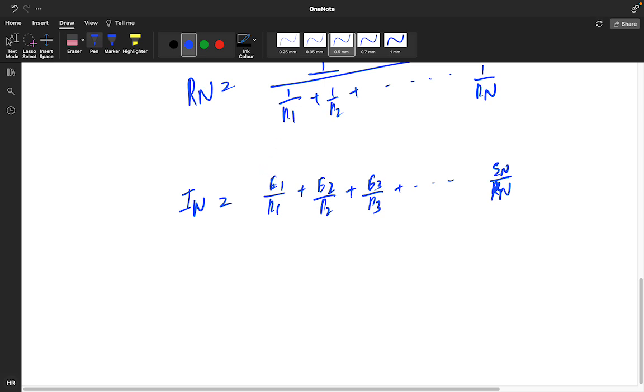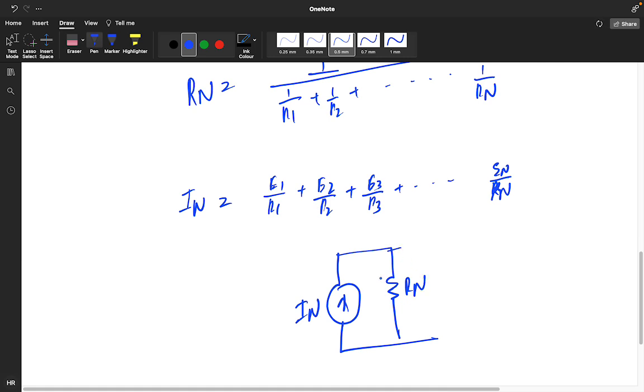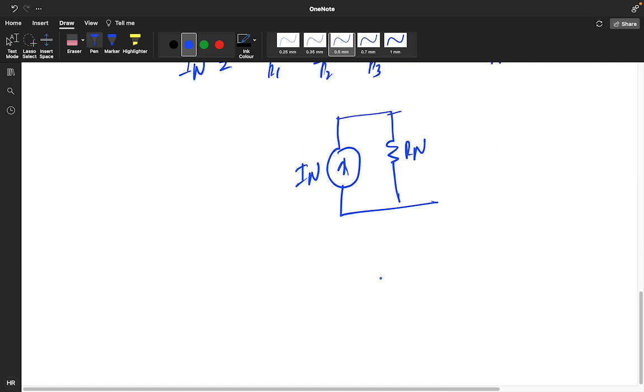And now the circuit you got is In in parallel with Rn. This is your Norton equivalent circuit. If you want to convert this Norton equivalent circuit into Thevenin's equivalent circuit, what do you have to do? This will be your Rn, and this will be En, where En will be In into Rn.